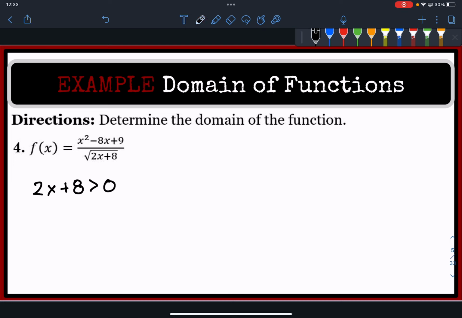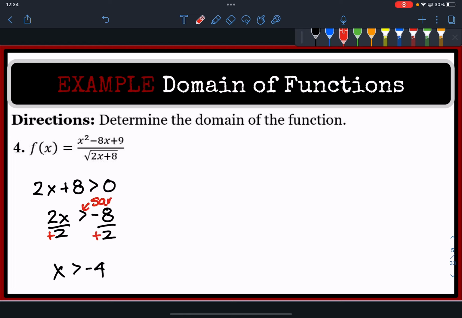So here, by subtracting 8 from both sides, we get -8. We're going to divide by a +2. So x is greater than -4. We don't switch the sign this time. Again, it does not switch because we're dividing by a +2. So this inequality is going to stay the same. It does not switch directions.